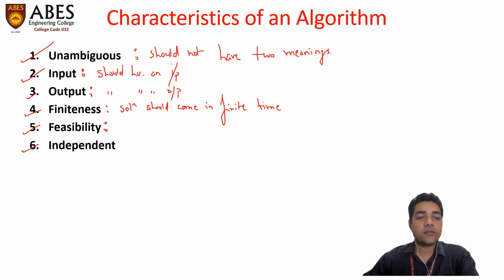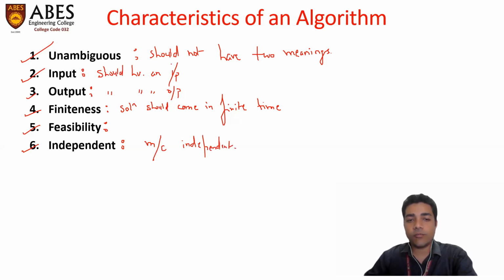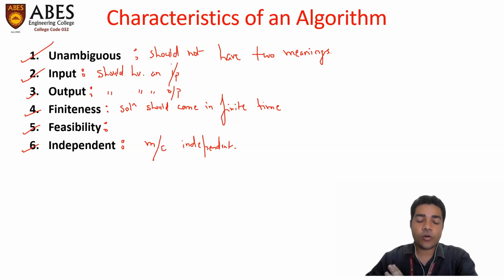Then the sixth point is the algorithm should be independent. Now, what should it be independent of? It should be independent of the machine in which we are implementing. Machine independent. For example, if we are using a calling feature, if we want to call a person, that call is going on mobile and on smartwatch also.